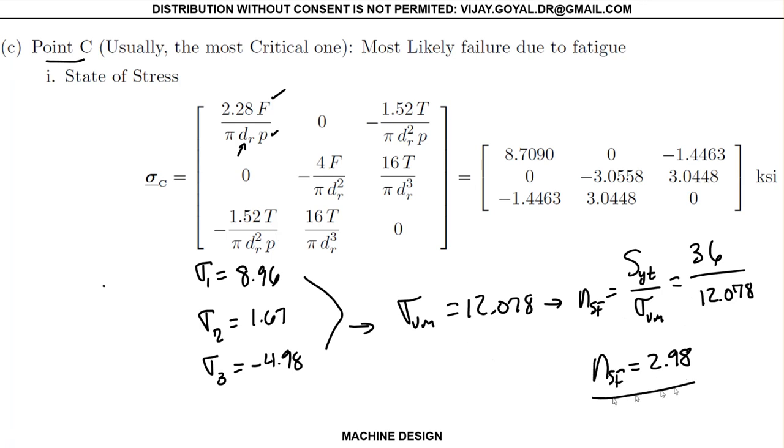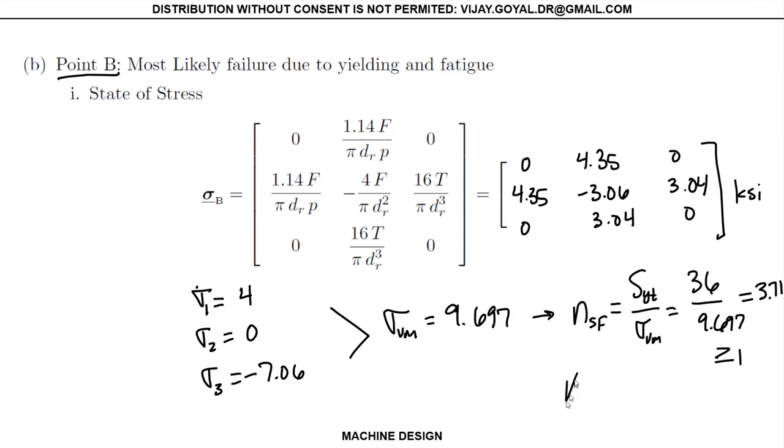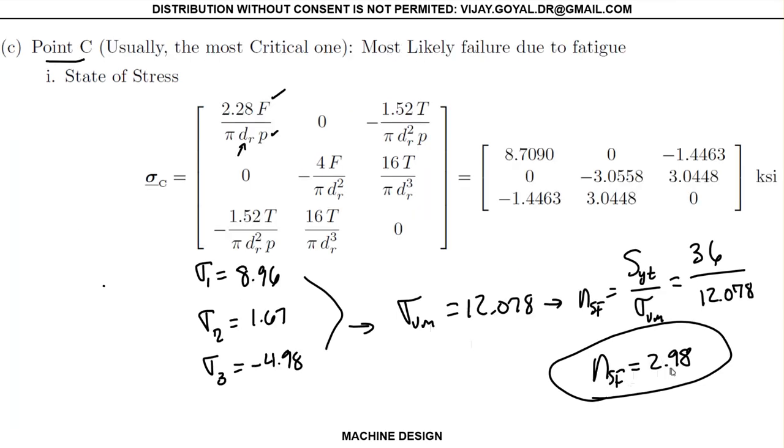At point B, I got the higher value, 3.71, and at point C I got 2.98. So the likelihood that point C fails first before point B fails is great. That's why we just focus our attention on point C.